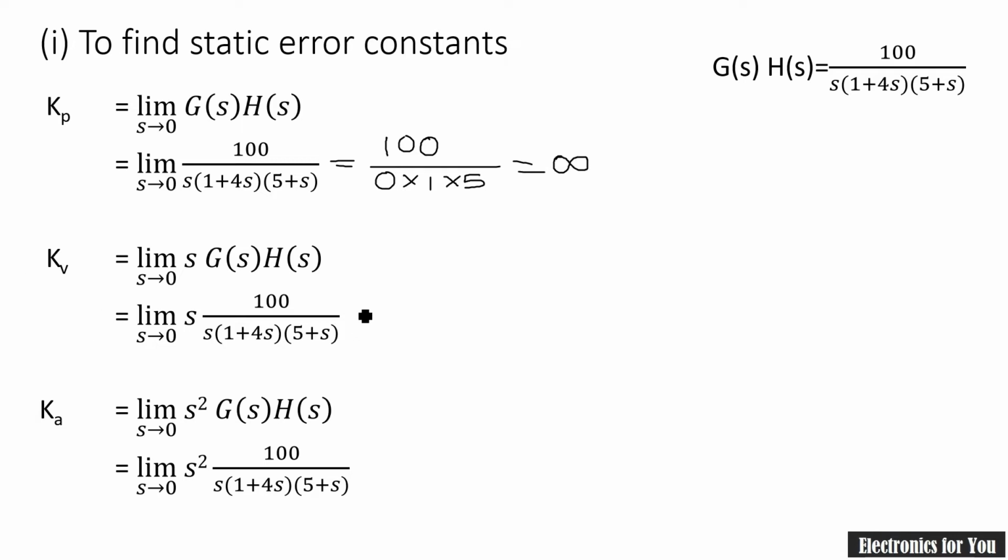Similarly we get Kv here. This s and this s get cancelled, and we get 100 divided by 1 multiplied by 5, which equals 20.